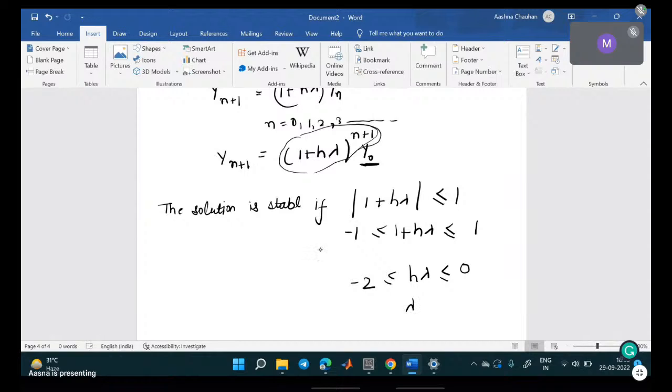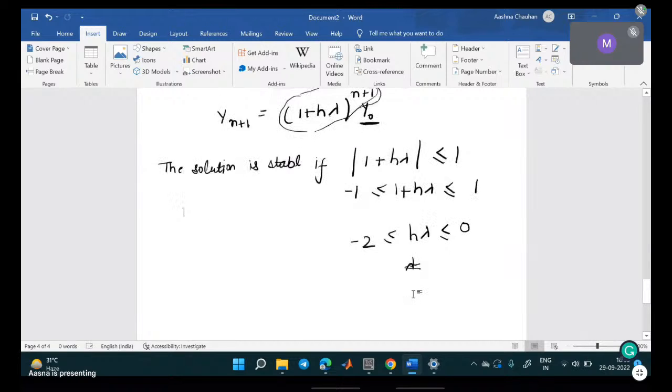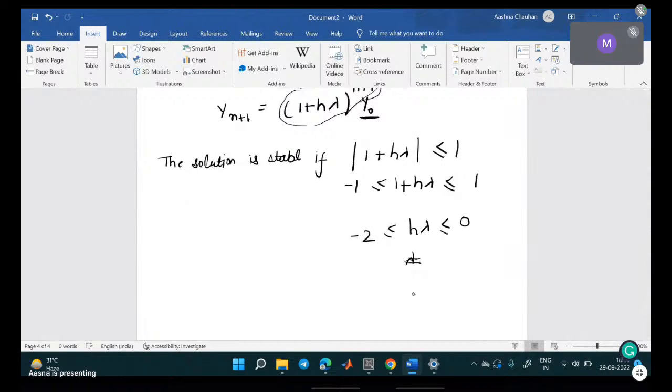So h, not lambda, this h should be less than, if I am writing this h here, so this h should be less than minus 2 upon, greater than, 2 upon lambda.